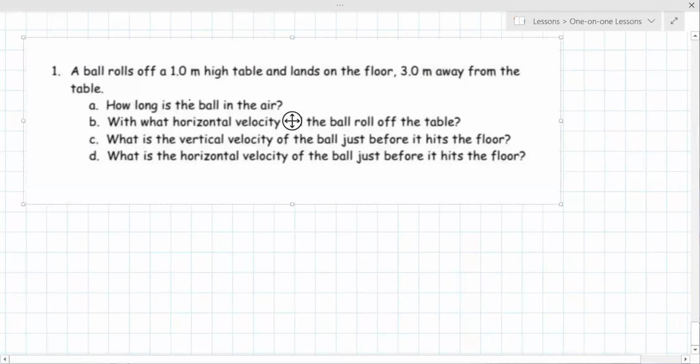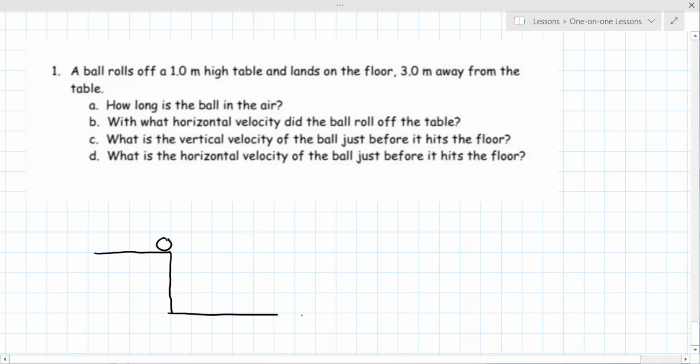This one actually reasonably asks for time first, because that's what you do find. You've got a ball, marble, whatever, rolling off, and I know we think it goes straight down, and I'm going to exaggerate this, but it takes sort of a path that's more out and then down.